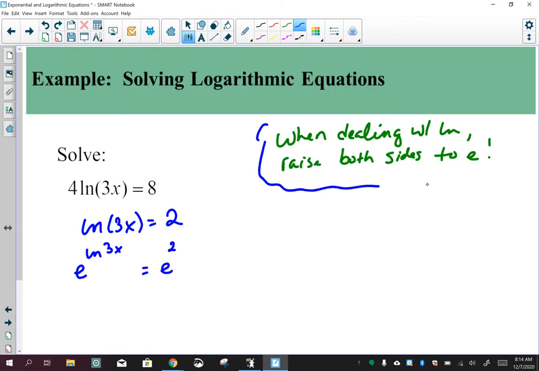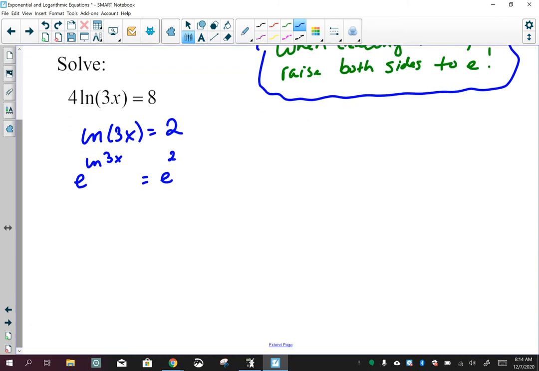That is what this little green spot right here is telling you to do. It's telling you to take this piece here and raise both sides to E.